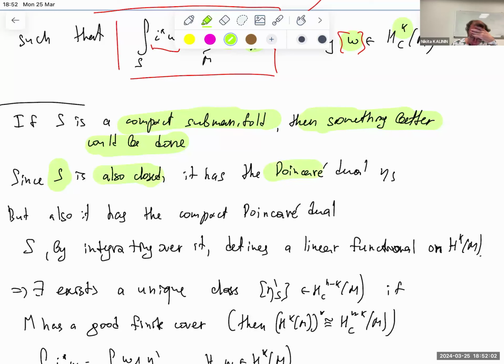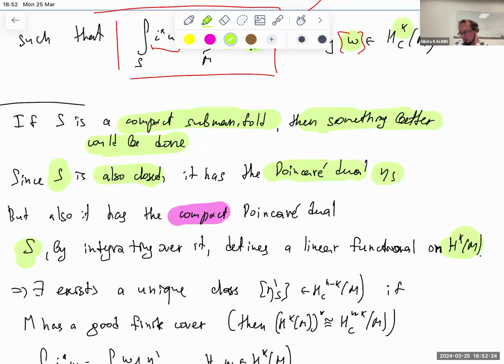So it has this Poincare dual eta S, but it also has the so-called compact Poincare dual. So what is that? Again, if we have S, we can integrate over it, and it gives a linear functional on the cohomology.